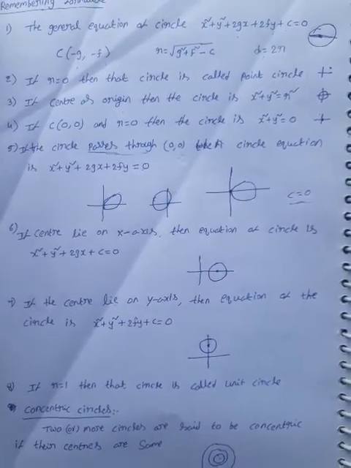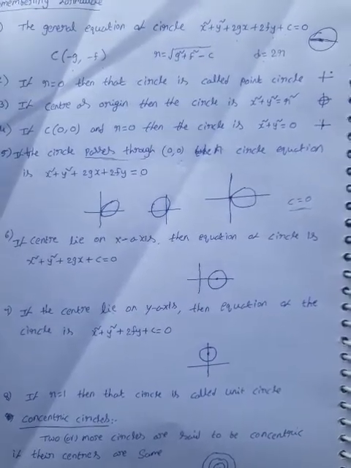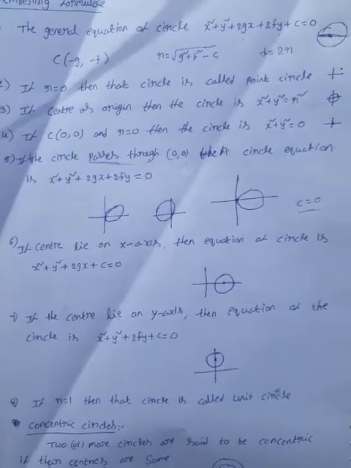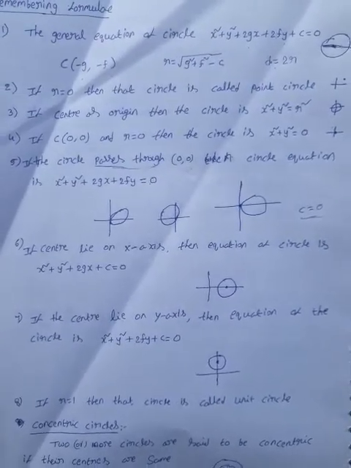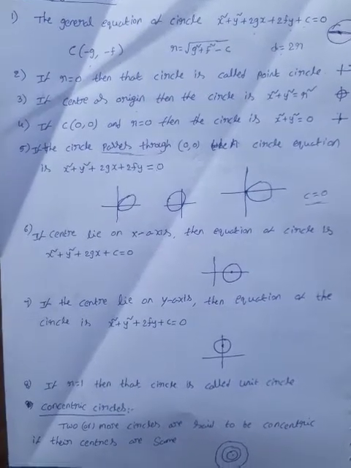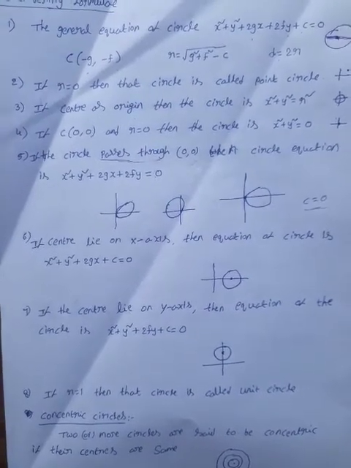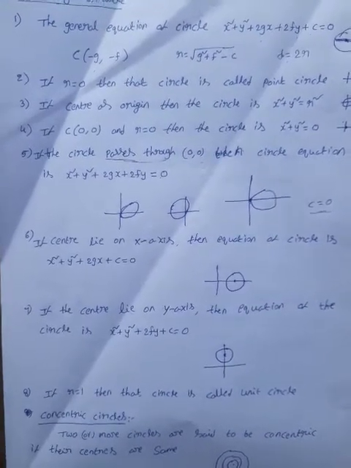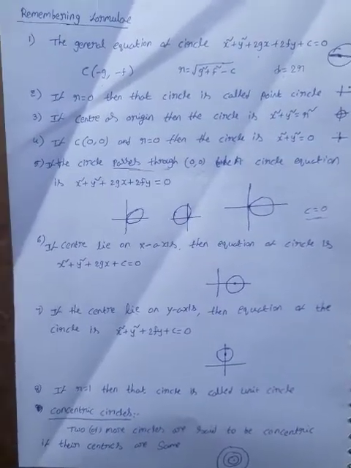Write all these formulas and remember, this is the main formula. The general equation of the circle is x square plus y square plus 2gx plus 2fy plus c is equal to 0. Center is (-g, -f), and r is equal to root of g square plus f square minus c. In the next class we solve the problems.